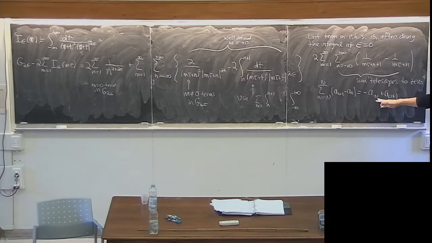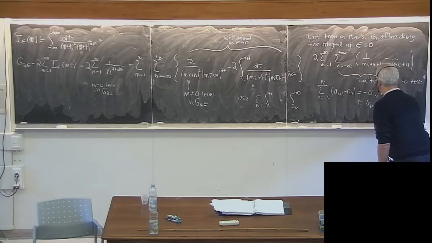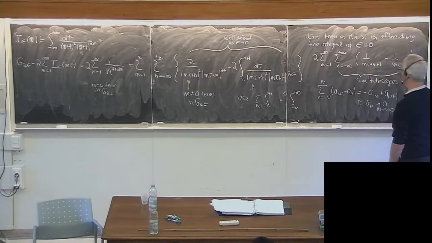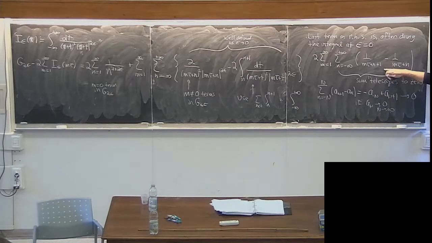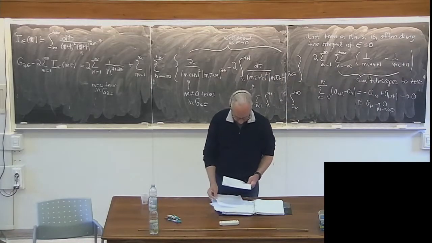And in our case, these a_n's are these quantities 1 over m tau plus n. If a_n goes to 0 as n goes to infinity, then this whole sum goes to 0, and that's what's happening here. The whole sum telescopes to 0.